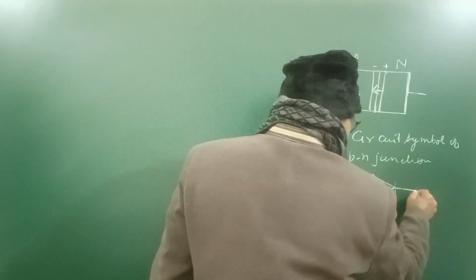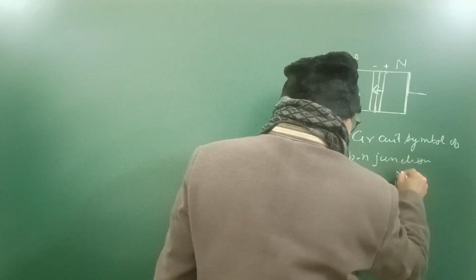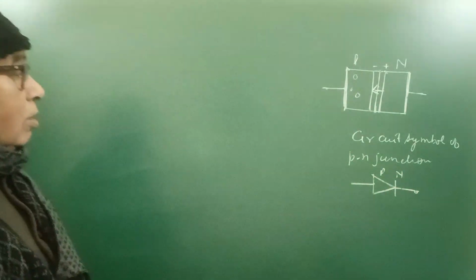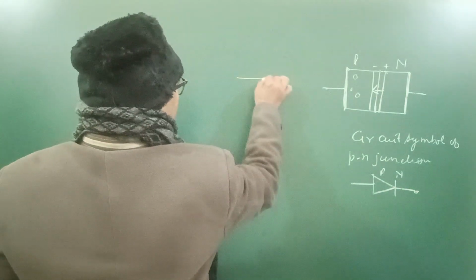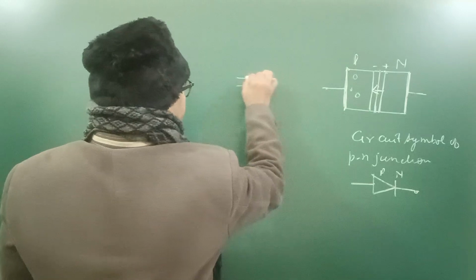One represents the N region, the other represents the P region. But remember, a PN junction is basically a small cylinder like this.